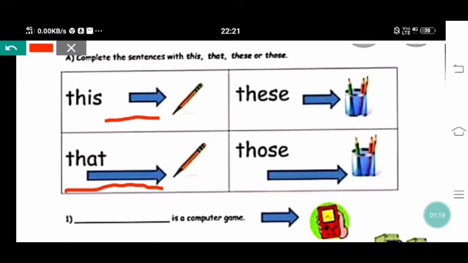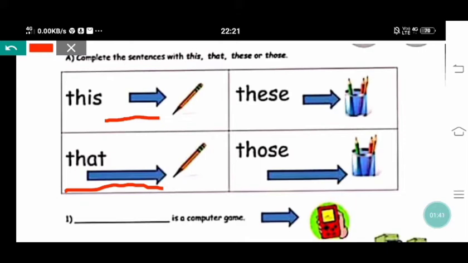This and that both we use for singular. Okay, this और that दोनों का use हम singular के लिए करते हैं, but this का use करते हैं जब कोई thing हमारे बिल्कुल नज़दीक होती है. That का use करते हैं जब कोई thing हमसे far होती है.